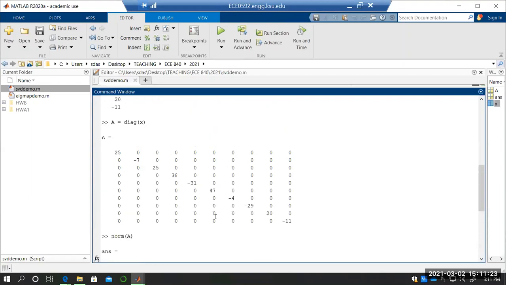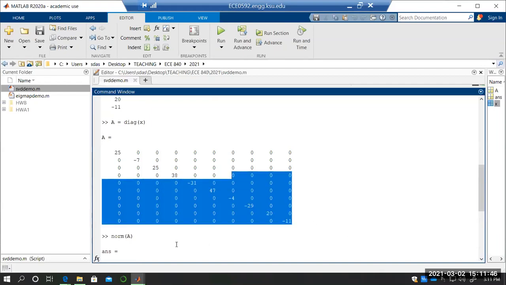Now, what's the Frobenius norm of this? It's going to look different. Okay. The Frobenius norm of this will be, we have to take the squares of all of these, 25 square plus 7 square plus 25 square plus 38 square and so on, and then add them up together.